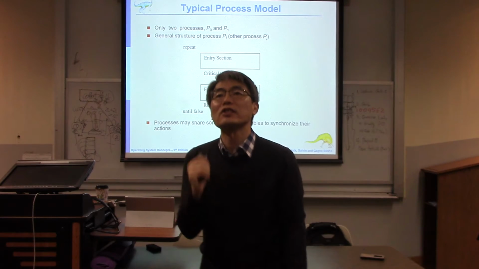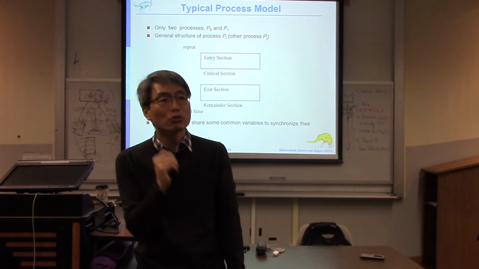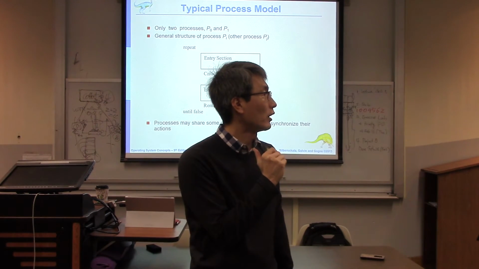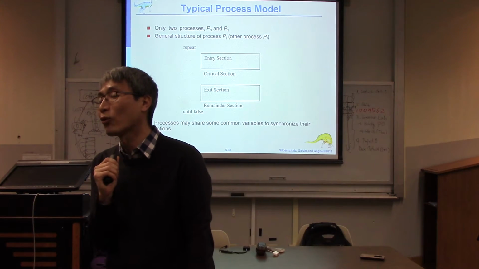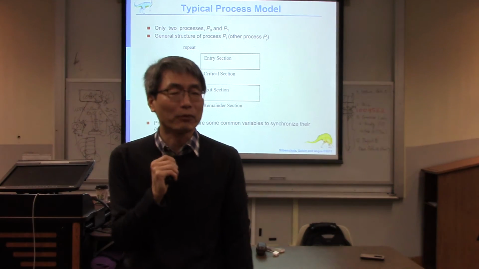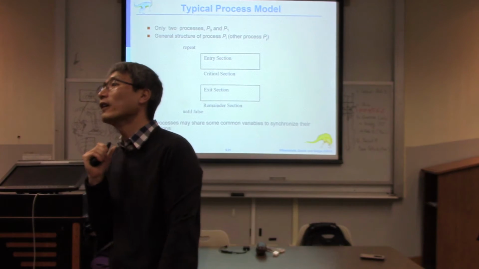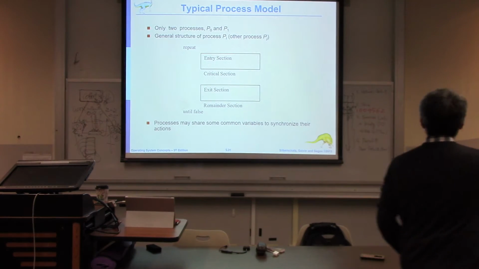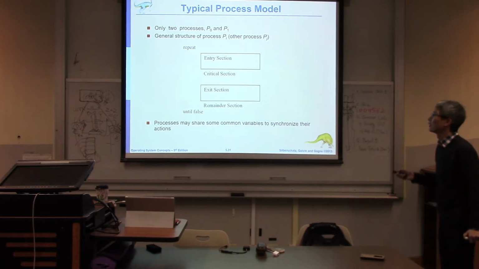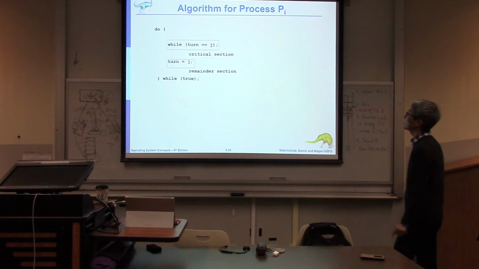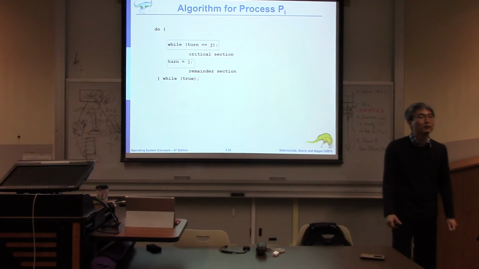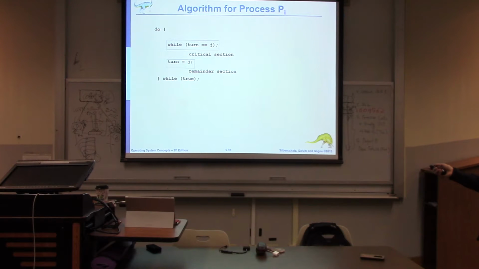However, if you need a synchronization solution in your application code, you need to do that. So there always exists a system library. You can use the system library to serve such synchronization. We will see the example of pthread later. Okay. So this is a simple example of the entry and exit section.